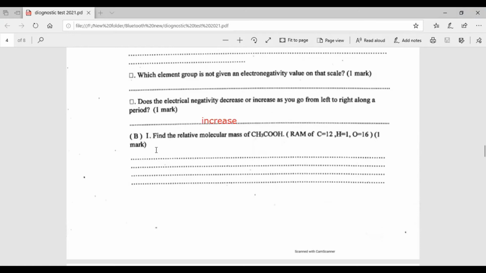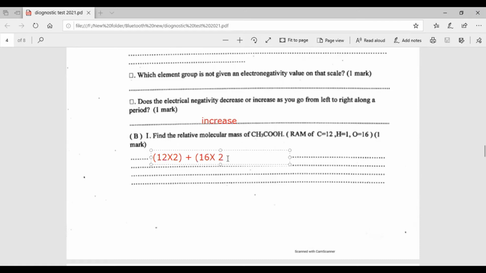Next, find the relative molecular mass of CH3COOH. The relative atomic masses are given. There are 2 carbons, so 12 into 2, plus 16 into 2 because 2 oxygens are there.